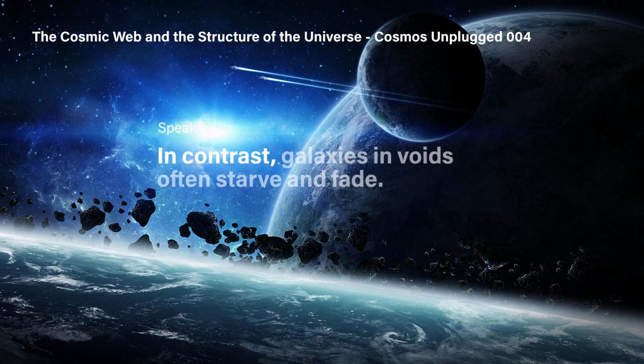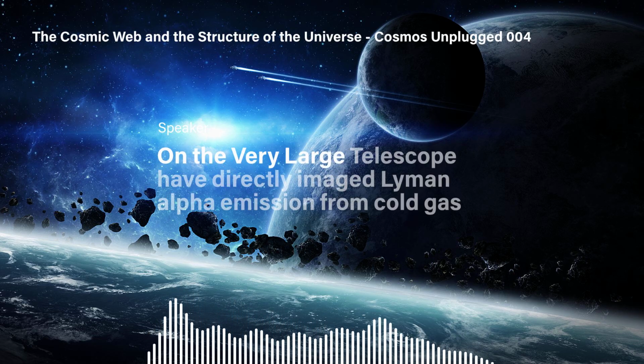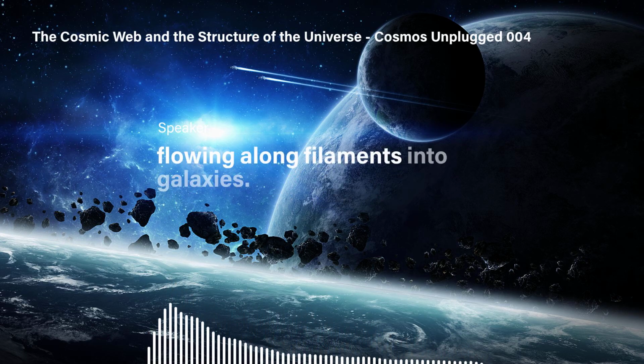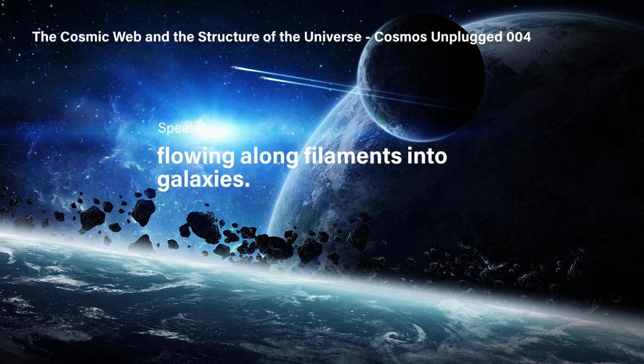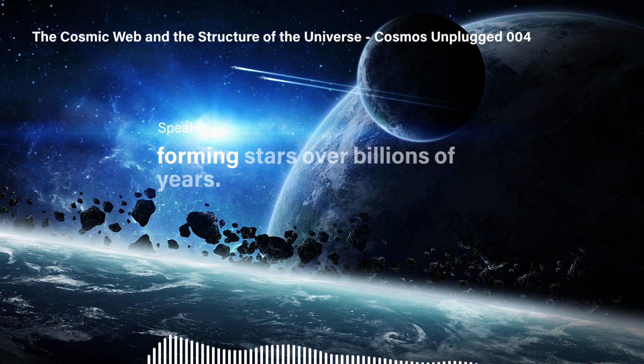In contrast, galaxies in voids often starve and fade. Observations with instruments like MUSE on the Very Large Telescope have directly imaged Lyman alpha emission from cold gas flowing along filaments into galaxies.